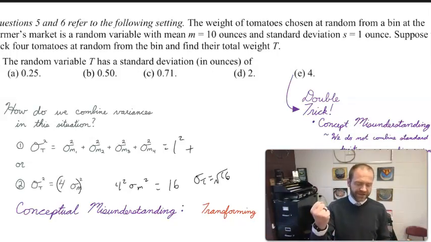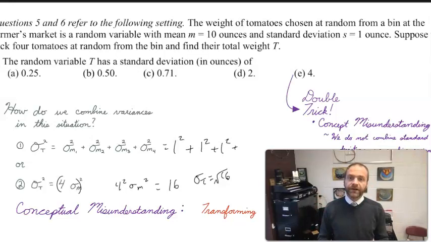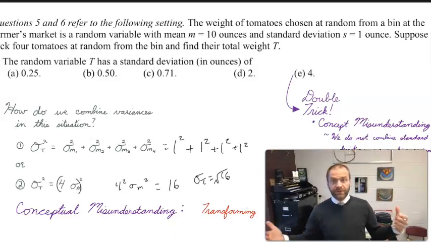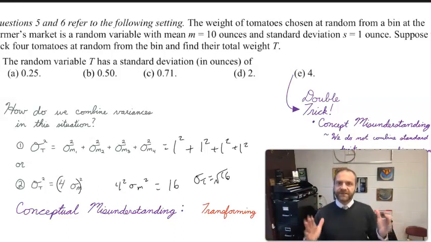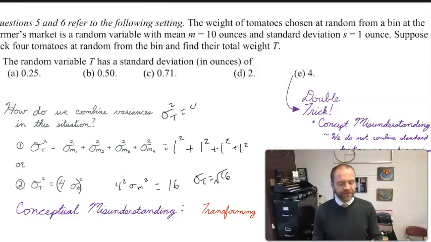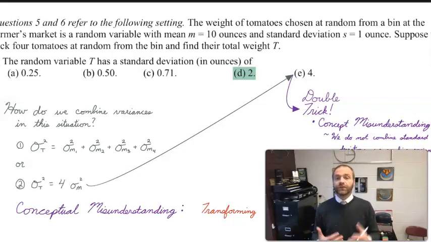What's interesting is this has an expected standard deviation of 1 ounce, so its variance is going to be 1 squared. I do that again for the third and the fourth. That's 1 squared plus 1 squared plus 1 squared plus 1 squared, which is 1 plus 1 plus 1 plus 1, which means 4. Still not E, because what we did is find the variance of t. So I'm going to have to square root that and say the answer is D. The answer is 2.